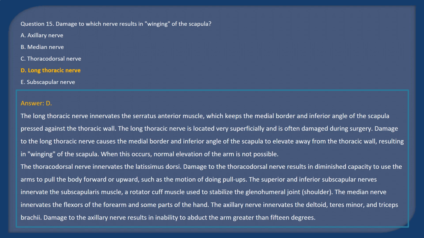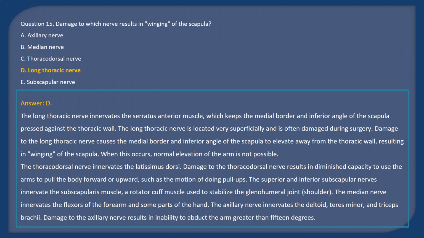When this occurs, normal elevation of the arm is not possible. The thoracodorsal nerve innervates the latissimus dorsi. Damage to the thoracodorsal nerve results in diminished capacity to use the arms to pull the body forward or upward, such as the motion of doing pull-ups.